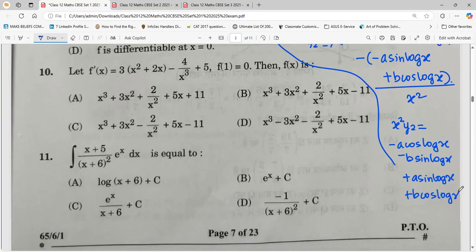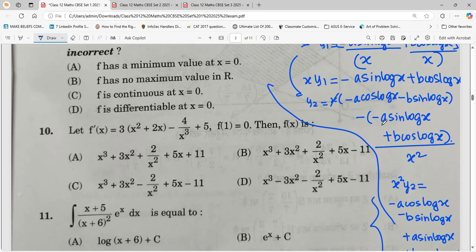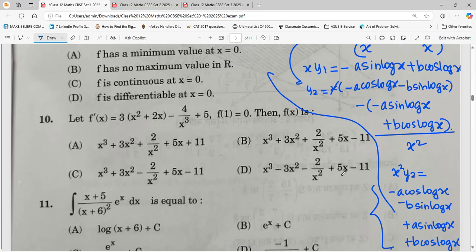I'm going to add this whole x square y2 term and the xy1 term. The xy1 term, as we can see, is equal to minus a sin log x plus b cos log x.